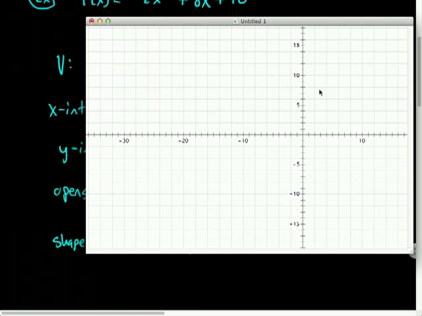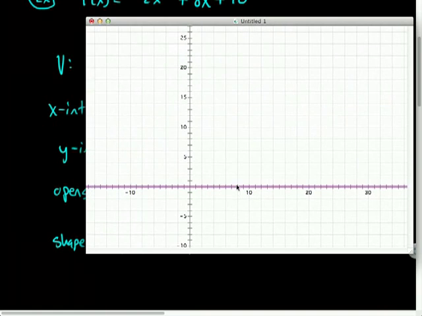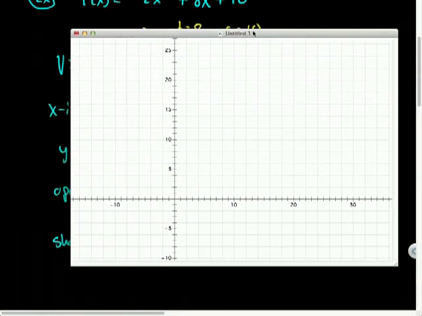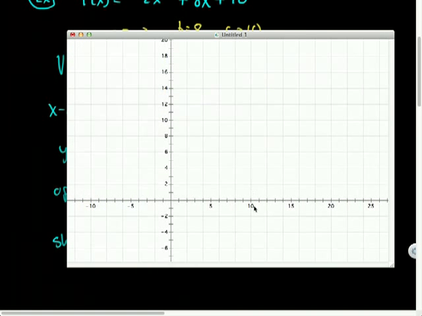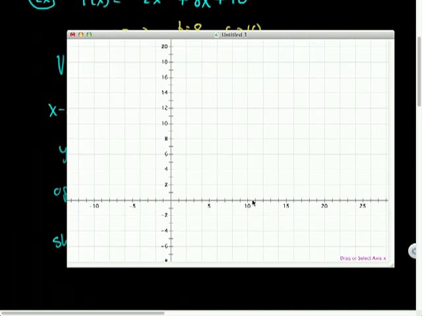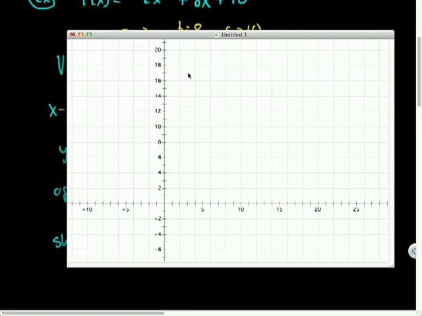Let me delete this and get myself a grid going here. I know my vertex is at 2, 18, so I want to be at least as high as 18. I don't know my x-intercepts, but I know my y-intercept is at 10.